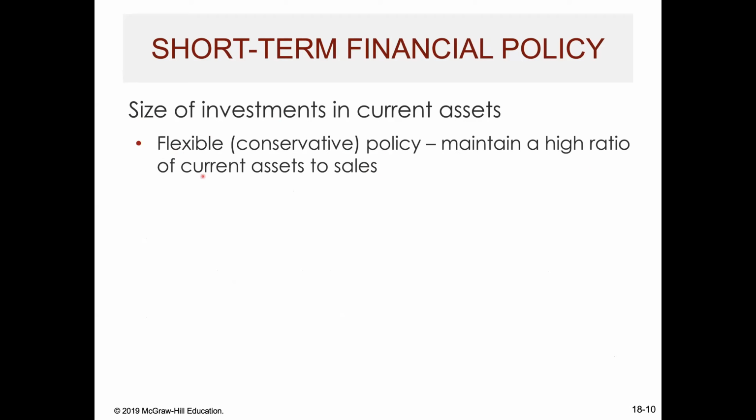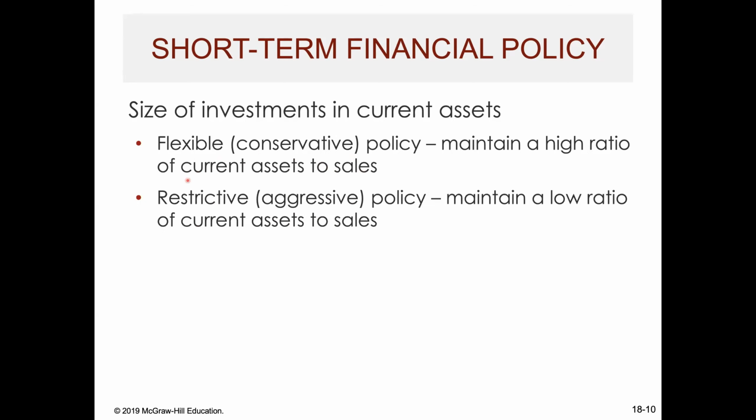In other words, we're going to keep a lot of cash, a lot of inventory on hand in order to be flexible. So if all of a sudden we get a big order coming in, we'll have what we need in order to fulfill that order. The problem is we've got a whole bunch of cash sitting around doing nothing.